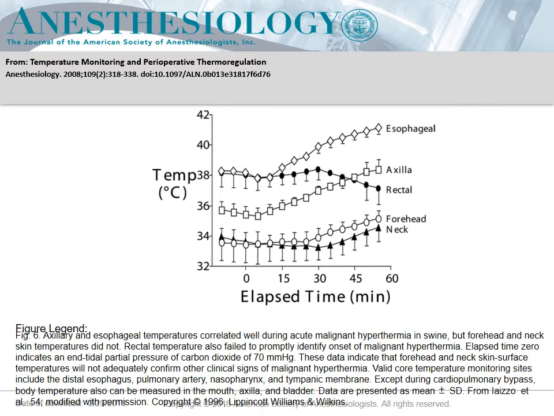You can see that they even started at different points. That's another interesting thing. Notice the peripheral sites are much lower. Axillary was also lower. These are the core sites. They started out with a temperature closer to 38 degrees. But if you were doing a skin temperature measurement, you wouldn't think that at all.